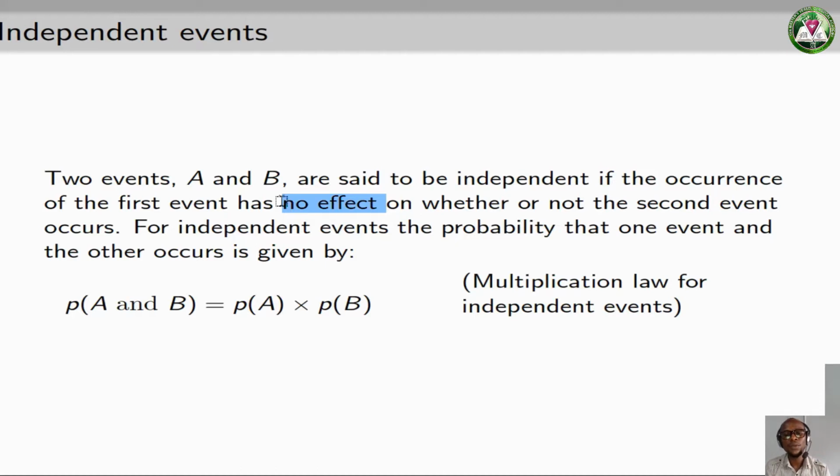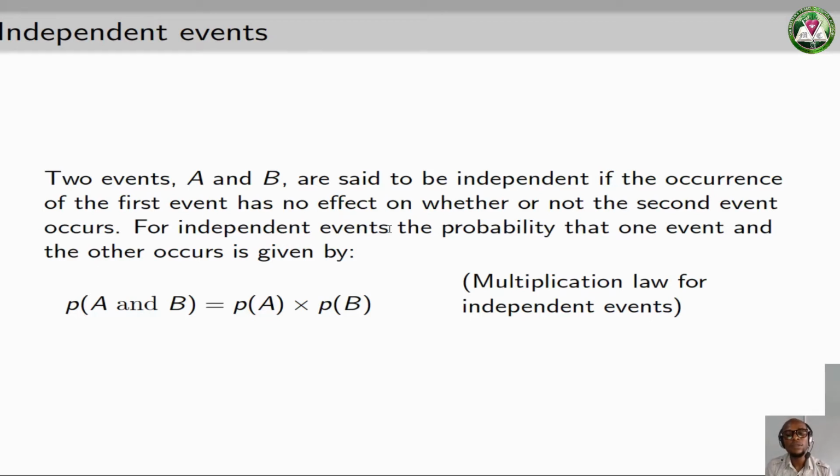For example, I have a coin in my left hand and a die in my right hand. If I toss the coin and throw the die, these two events can happen simultaneously. The coin can be tossed and the die can also be thrown. You can see that the possibility of this event happening has no effect on the other event. So such events are what we call independent events.